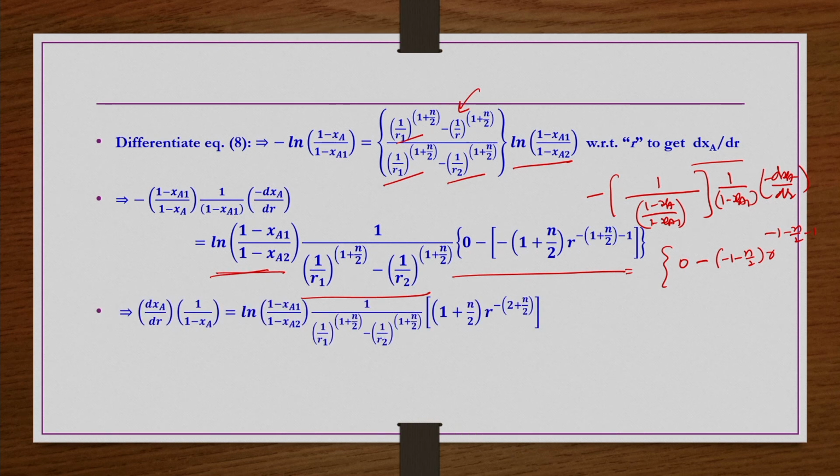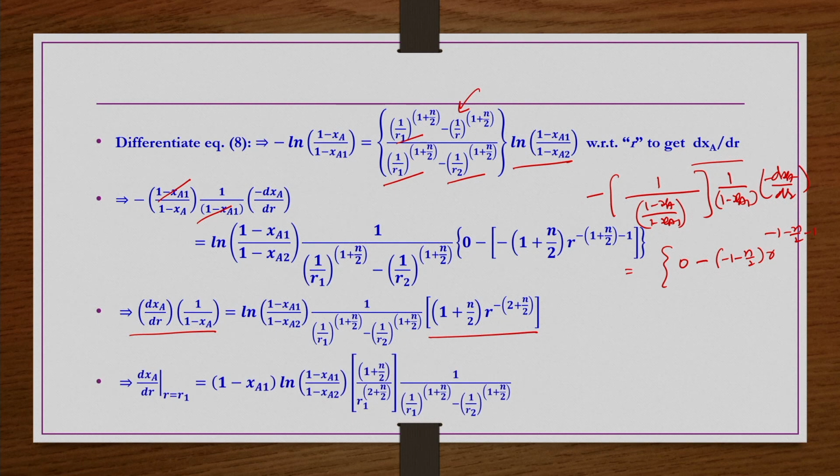So, if you write dxA by dr on one side, and 1 by (1 - xA) on one side, and all other terms to the other side, here this 1 minus xA1, 1 minus xA1 is cancelled out. The remaining terms are as they are, and this is what we got, okay.